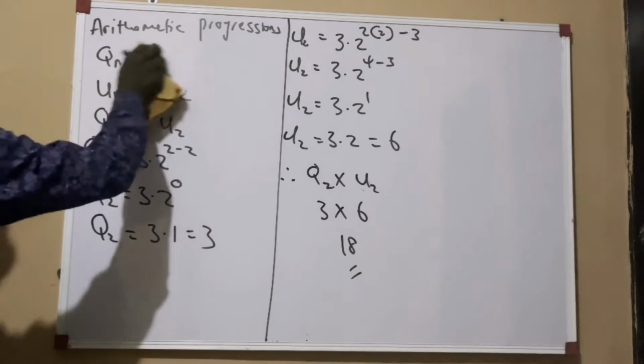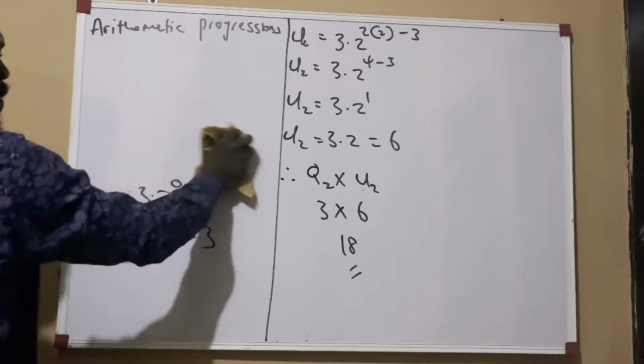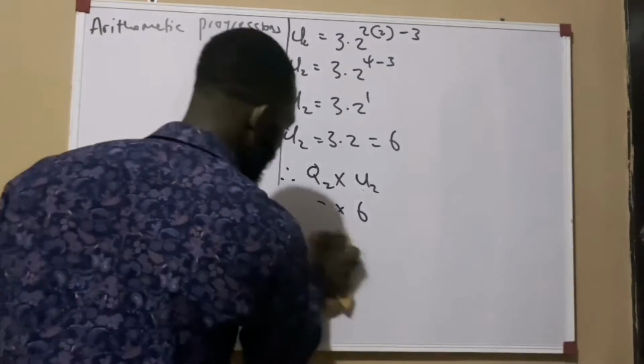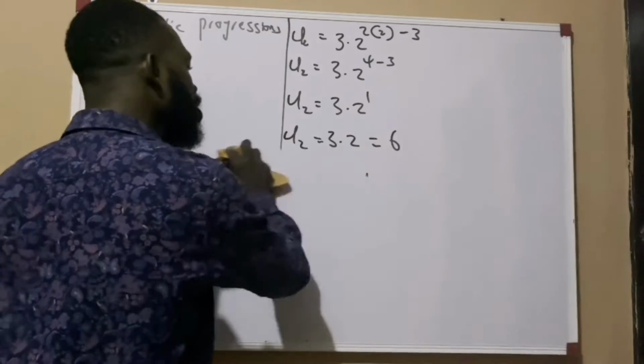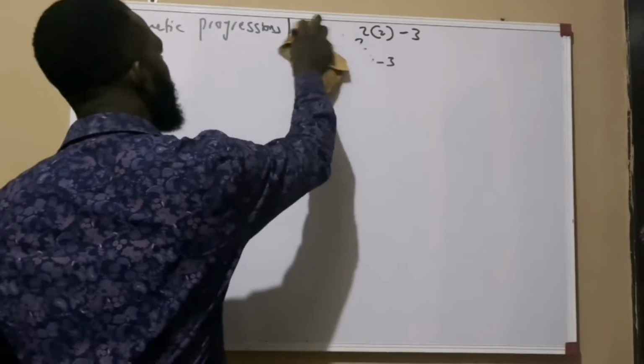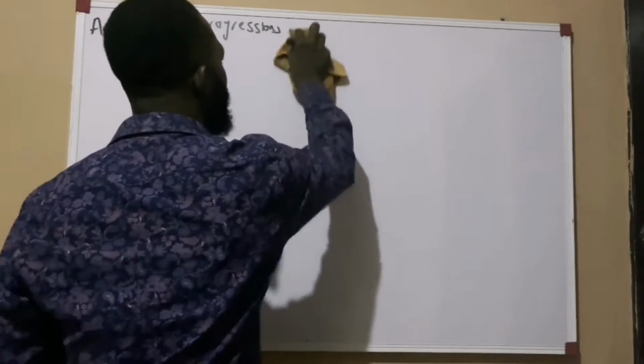Question number 2 is actually a combination of nth term of an AP and sum of an AP. So let us see how the question looks.